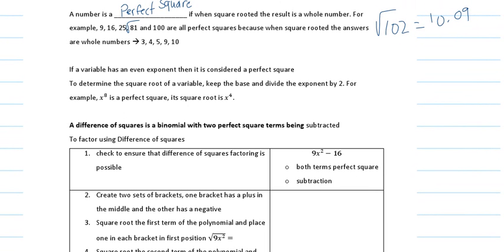So, how do you know which letter is a squared letter? If that letter has an even exponent. So, x to the power of 6. Is that a squared letter? Yes, it is, because it has an even exponent.